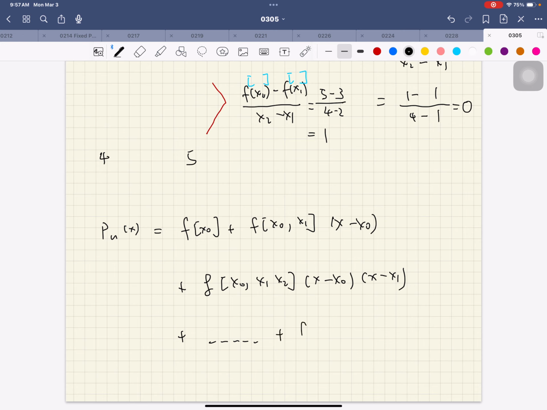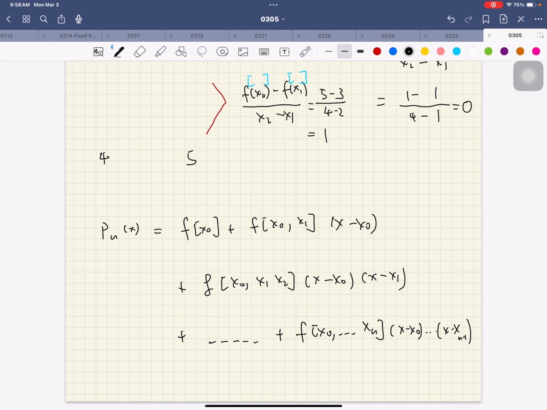The last term is f[x0, up to xn] times x minus x0 up to x minus xn-1.